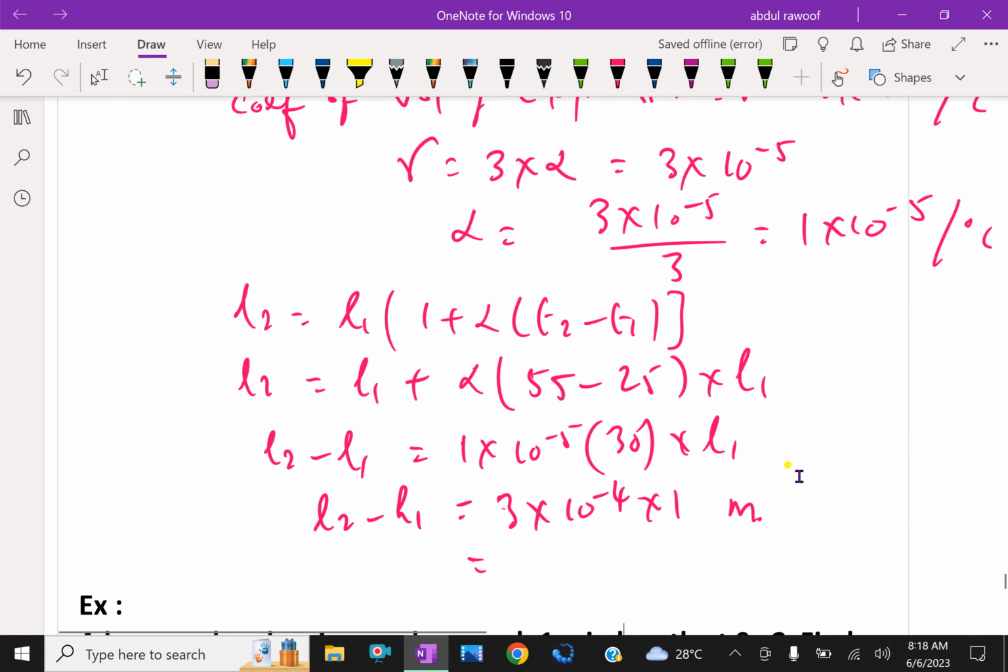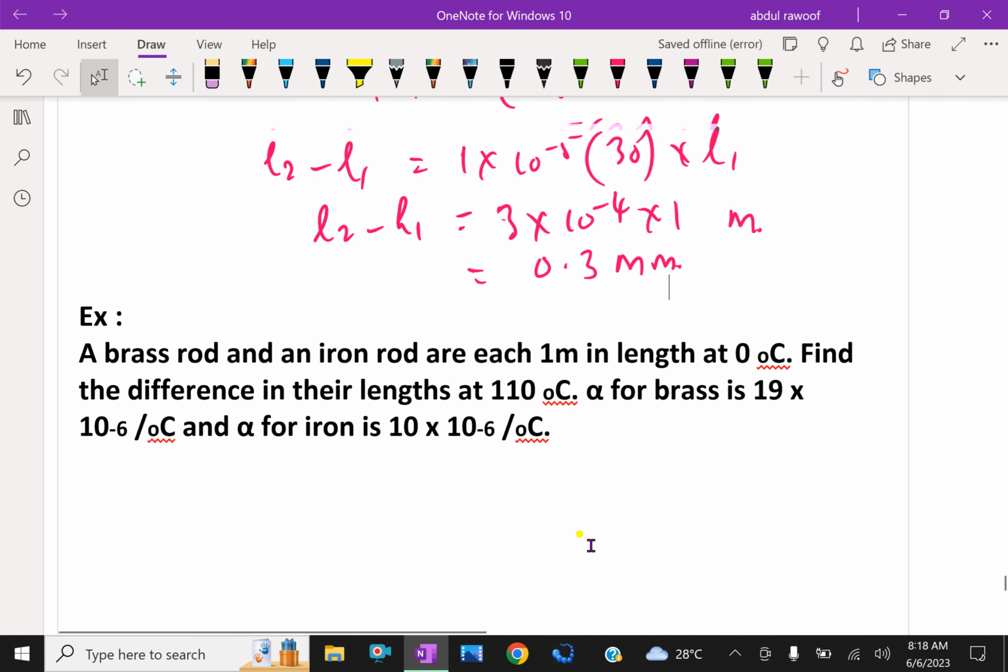Therefore, 3 into 10 power minus 4 into 1000 is 0.3 mm. Therefore, L2 minus L1 is the increase in length. Therefore, the rod will expand 0.3 mm more.